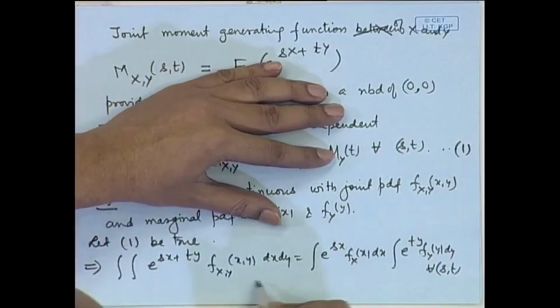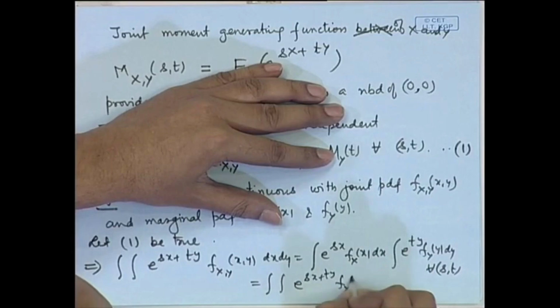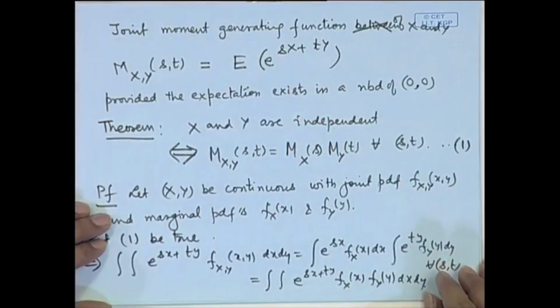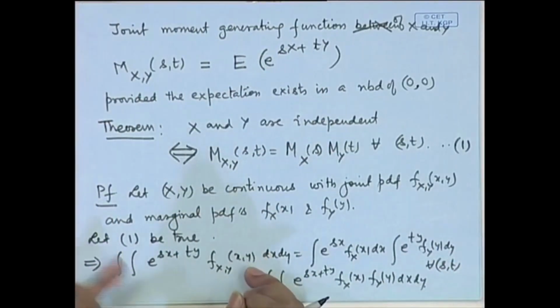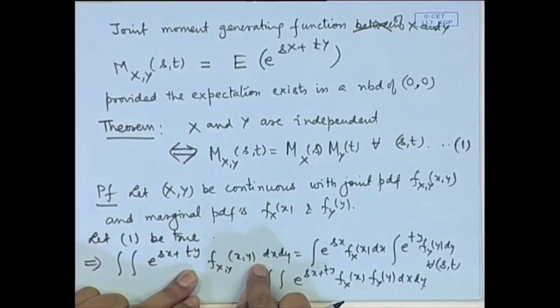Now, the right hand side, the product of the two integrals, can be written as a combined integral e to the power s x plus t y f x into f y dx dy. Now, note here the left hand side denotes the joint MGF of random variables x and y when the PDF is f x y.